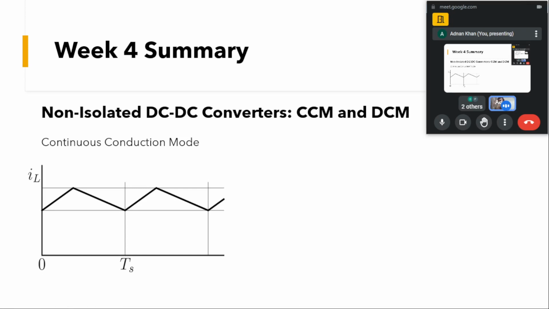And if we have a ripple beyond that, what will happen? It will go up to that point and it will reach zero before this Ts from some point. In case of a buck converter, if we have an uncontrolled second device like a diode, which does not allow negative current, then this current will be zero for a certain time and there is a discontinuity.